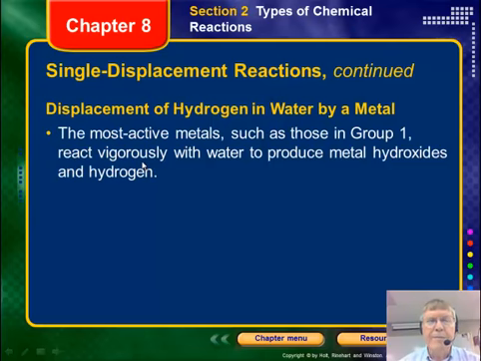As a matter of fact, it can be dangerous to see these reactions occur. We generally use very, very small amounts of lithium and sodium in the laboratory. Beyond that, we don't even do it because it's too dangerous. And you'll see a video, or a link to a video, at the end here that will show that to you.